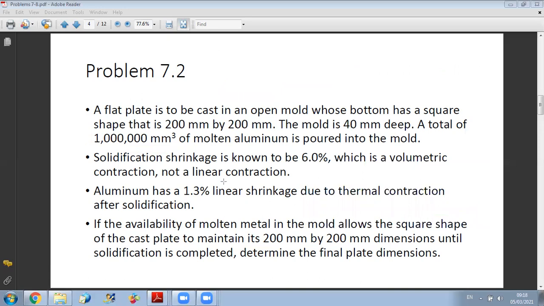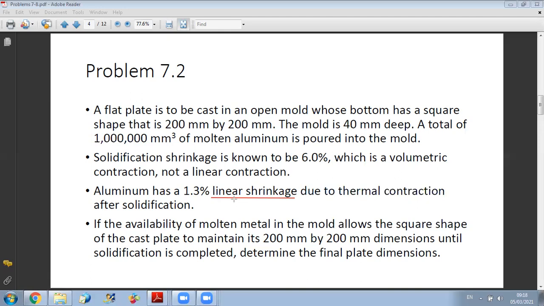Now, even if they gave us the volumetric shrinkage, we can deduce the value of the linear shrinkage. Why? Because we can write a relation between the volume V after phase 1 and volume V2, as a function of the linear shrinkage or the volumetric shrinkage. This will allow us to relate the linear shrinkage to the volumetric shrinkage in the second phase.